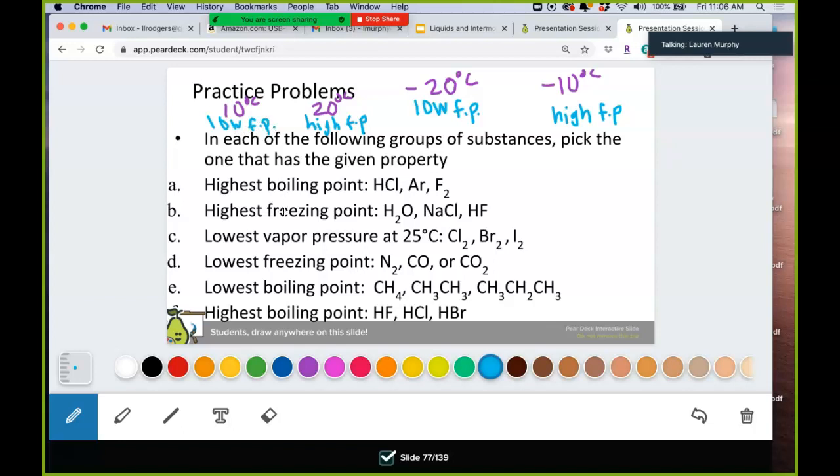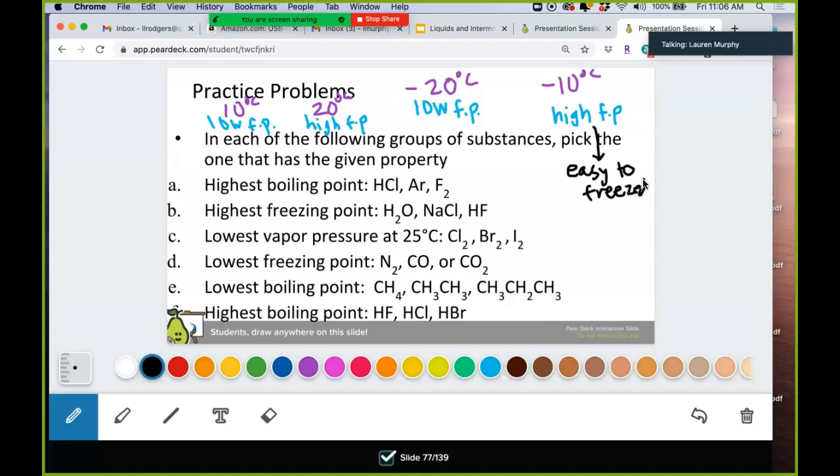So a high freezing point means, so this negative 10 is a bigger number than negative 20, right? If we're talking about freezing points. So a high freezing point means something is easy to freeze.